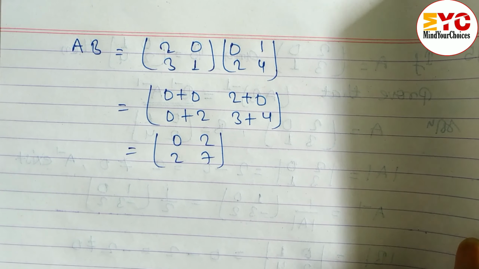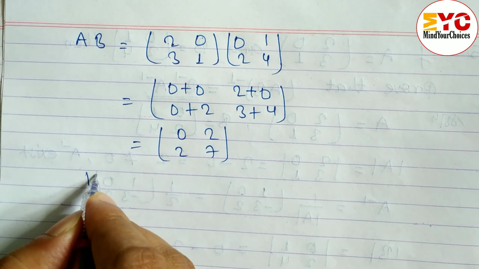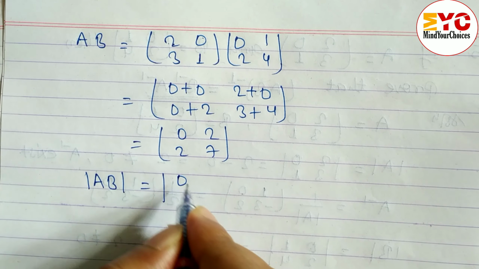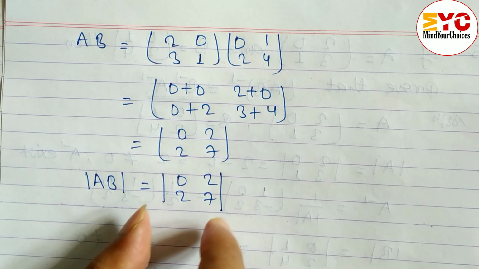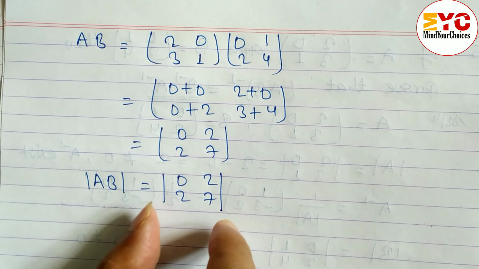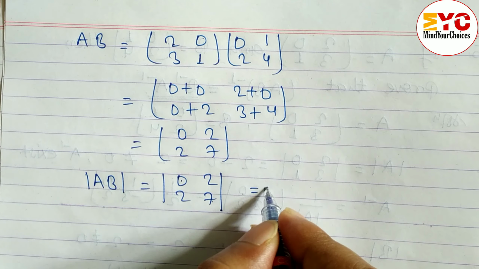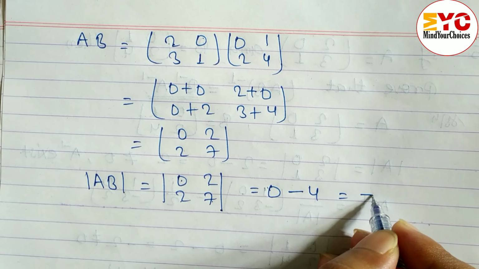After this we have to find AB inverse. To find AB inverse, we first find the determinant of AB. We write 0, 2, 2, 7 inside a vertical line: 0 into 7 is 0, minus 2 into 2 is 4, so the determinant is minus 4.